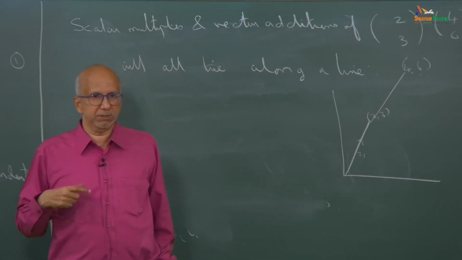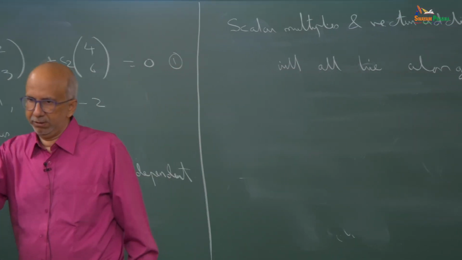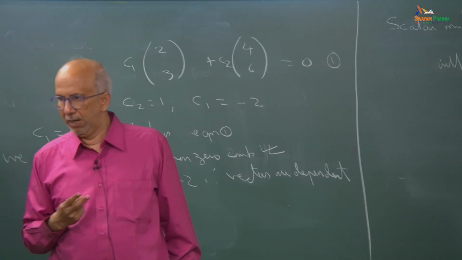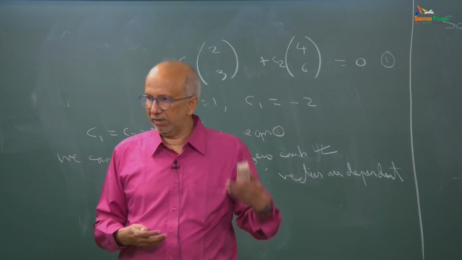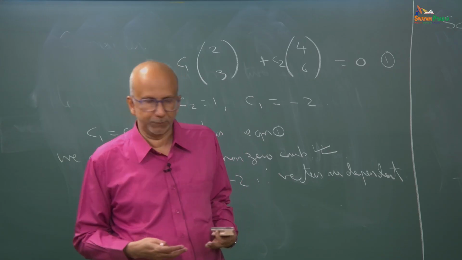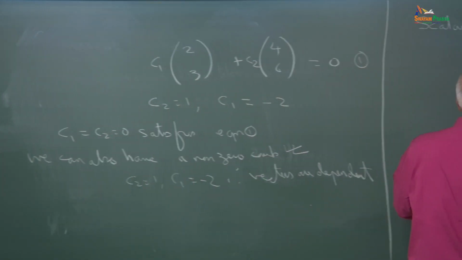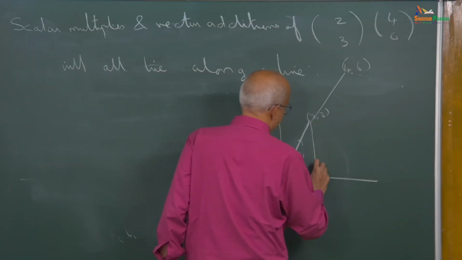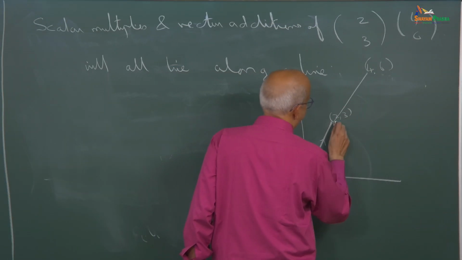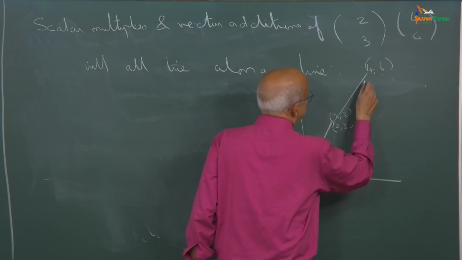If you multiply by a scalar, I will get a vector along that line. If I add these two vectors after multiplying by scalars, I will again get vectors along that line. So, this is the point (2, 3), and that is the point (4, 6).